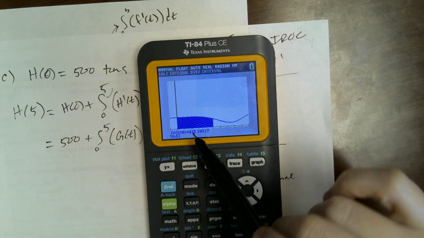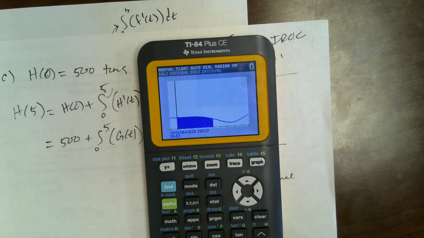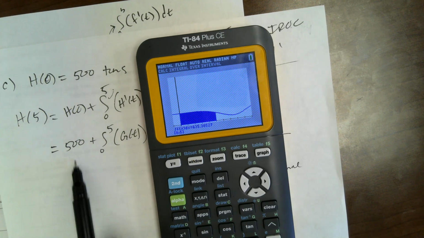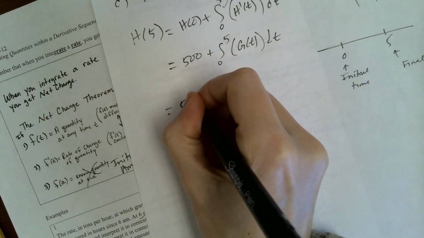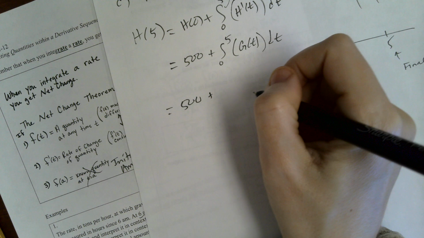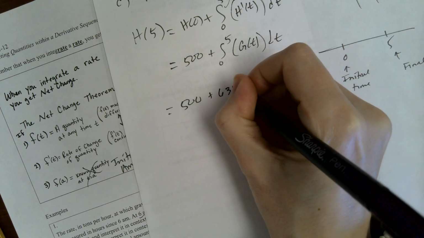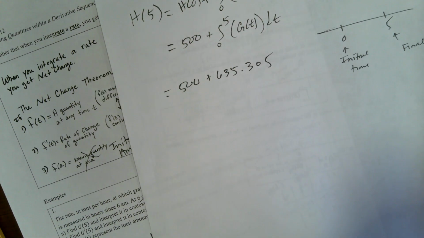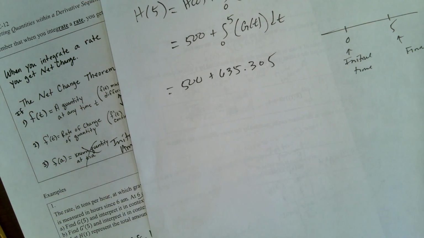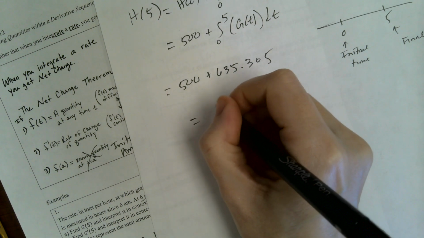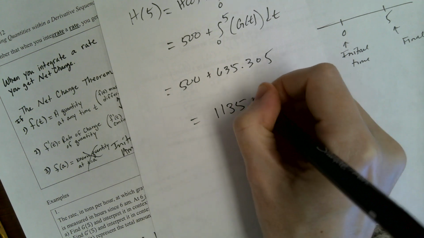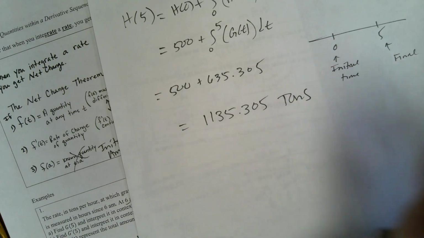So there was a gain of that many tons at the end of that 5-hour interval. But we started with 500. So this is 500 plus 635.305, which is 1135.305 tons.